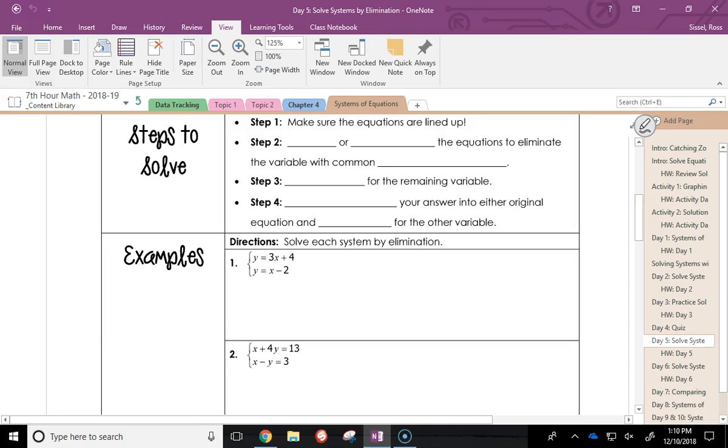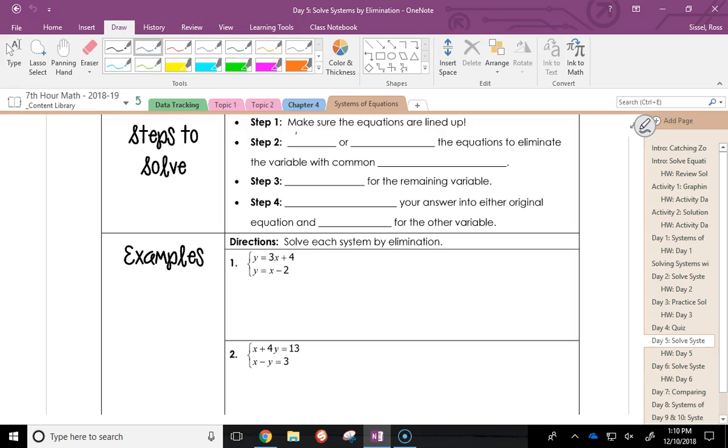Once they've done that, you're going to do step 2, which is to add or subtract the equations to eliminate the variable with the common coefficient. So the purpose of the elimination method is we're going to take our two equations and add or subtract.